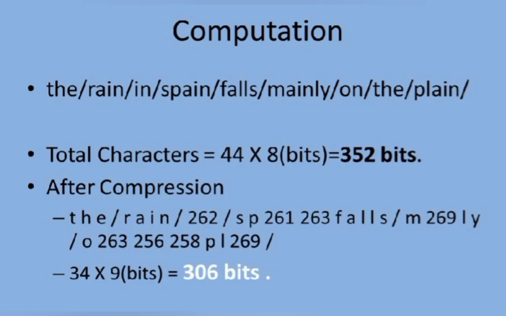For that, we need to represent every character with 9 bits. But even after doing that, the final result is 306 bits, which is less than the initial value, 352. So at input we had 352 bits and the output has 306 bits, which is a difference of 46 bits, or we can say that there is a compression of 46 bits.